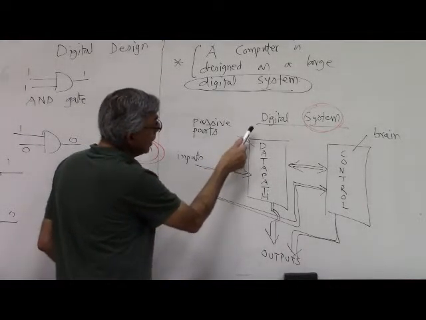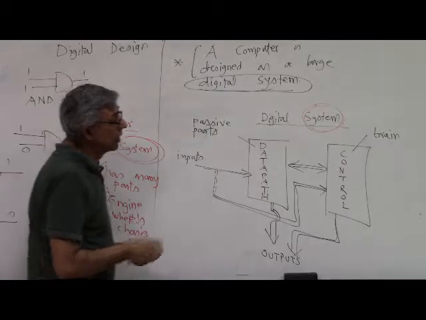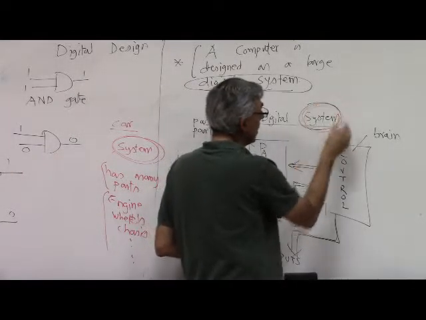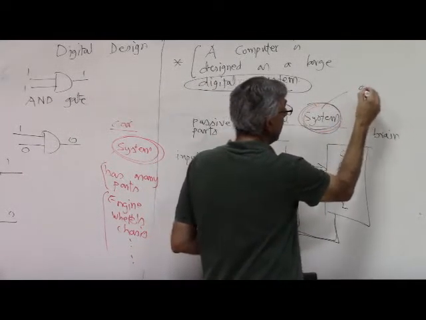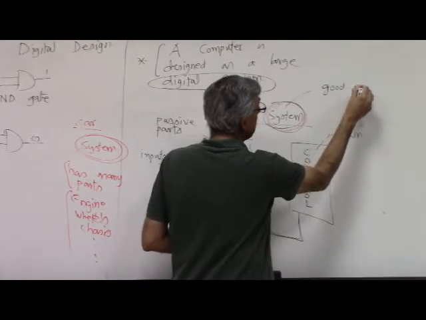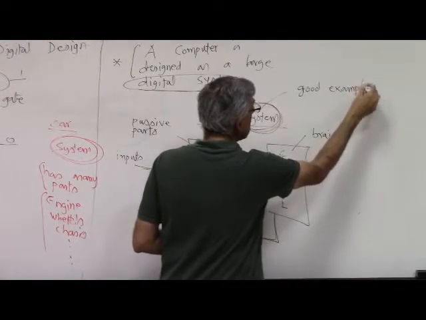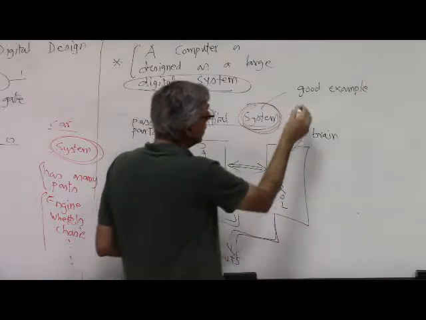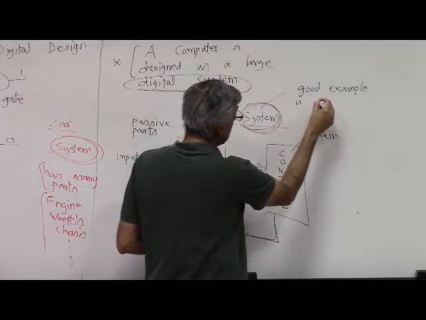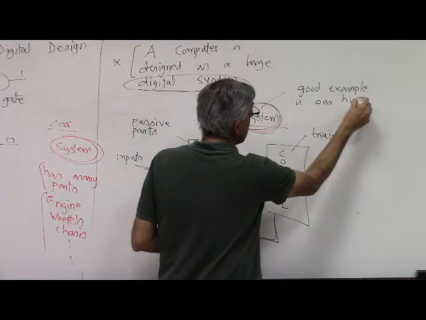A good example of a system, not a digital system, but a system, in my opinion, is this. I gave you one example of a car, but let me give you a better example. A good example is our human body.